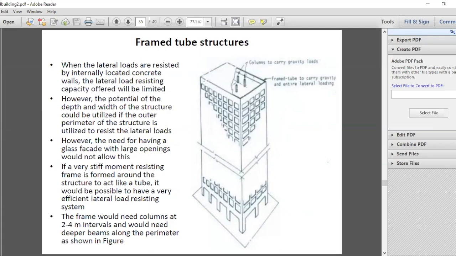Do you know what is meant by shear lag? Anybody who knows about shear lag? Now, one of the basic assumptions in the beam theory is plane sections remain plane. And shear lag means due to various deformations, due to shear transfer, some of these plane sections do not remain plane.